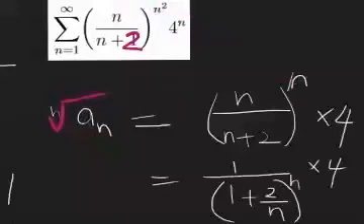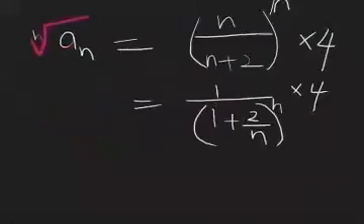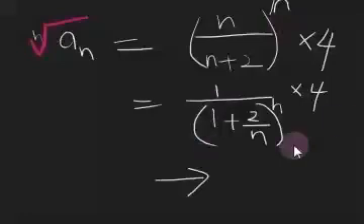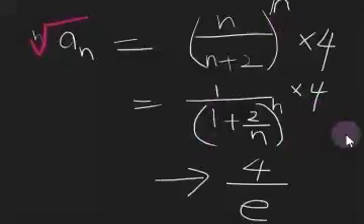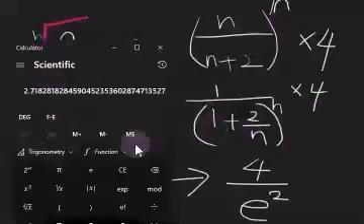So as n tends to infinity, this term goes to 4 over e squared. We know the value of e is 2.78 something.